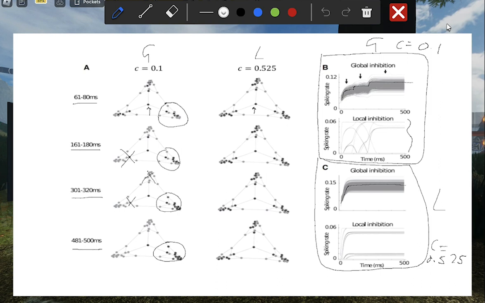So in B, these panels are relating to, maybe I do this in colors, this one, and then this one. So in B, what does global mean? What's the first graph?